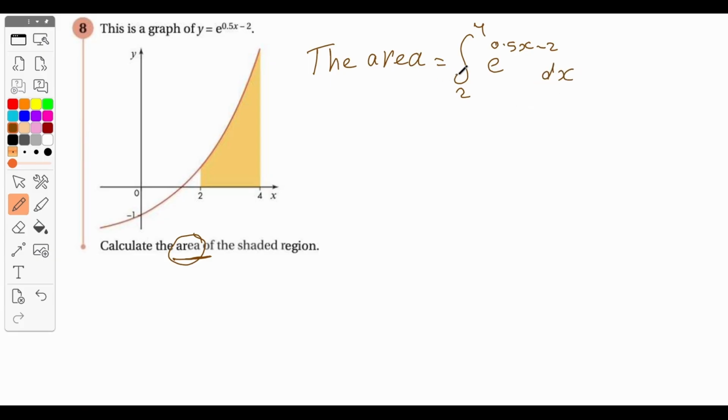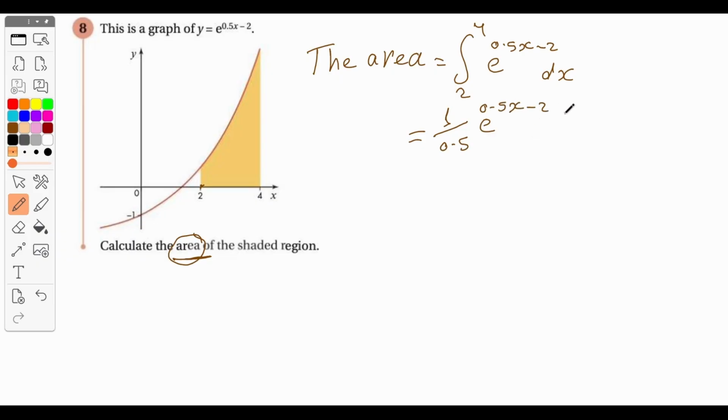The area here is the integral of this function, starting from the point 2 to the point 4. So how to integrate this one? It will be 1 over a, e to the power of the same function, 0.5x minus 2.